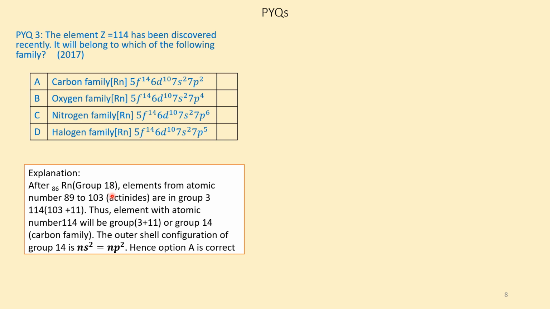Thus, the element with atomic number 114 will be group 3 plus 11, or group 14, that is the carbon family. So option A will be the correct answer. Please mark it. The outer shell configuration of group 14 is ns2 np2.